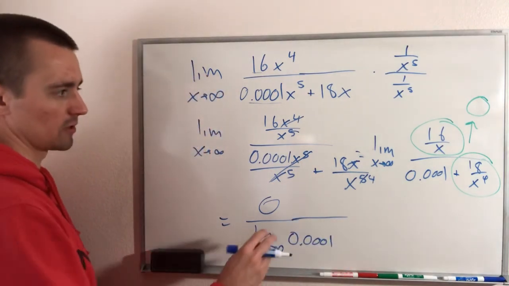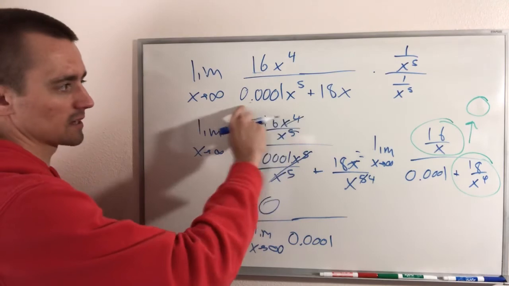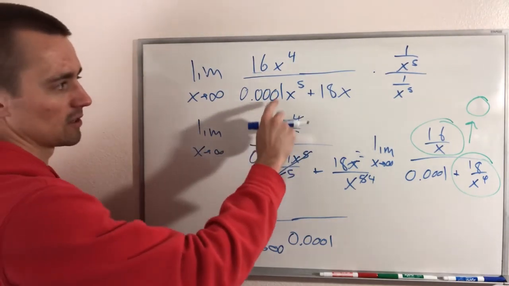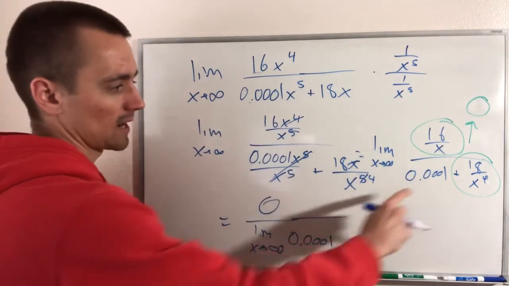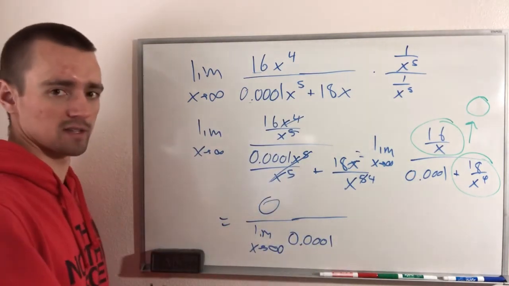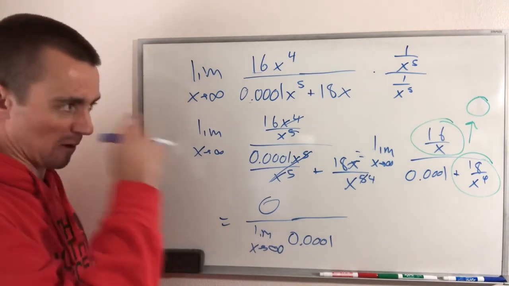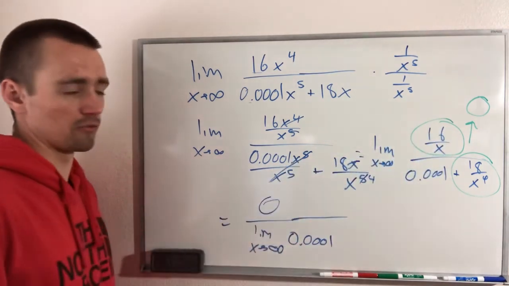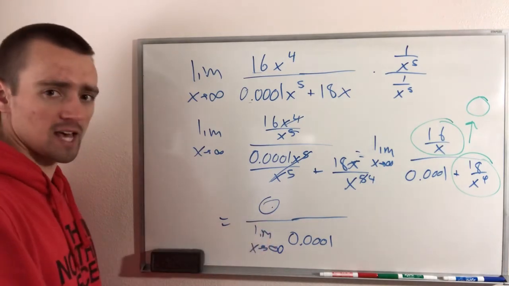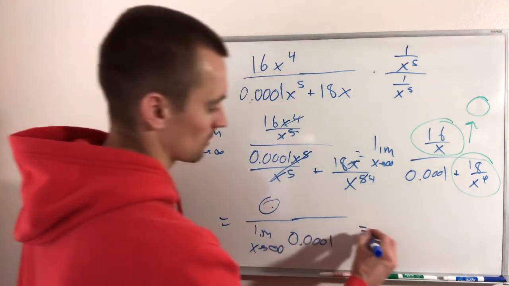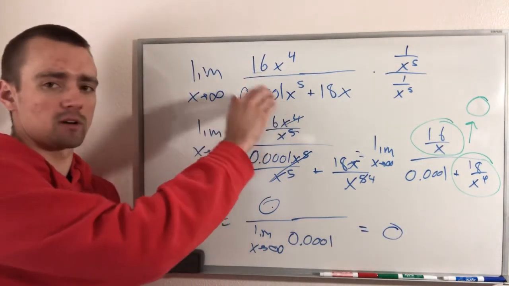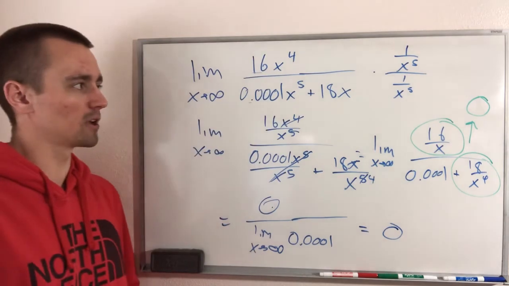Okay, so even though this x to the fifth was being multiplied by a really small coefficient, this still ended up being the only term that had any real value in the long term as x gets infinitely large. However, since the numerator of our fraction is going towards 0, 0 divided by any constant is just going to be 0.